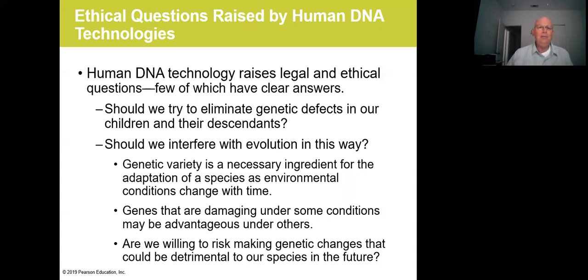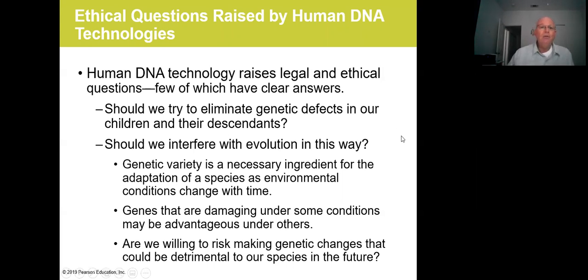Not just to affect the individual who's got the genetic defect so that they can have a normal, healthy life, but to also affect future generations that may be produced by that individual. Is that a step that we want to take? Because that is the next step in the use of DNA technology in humans.